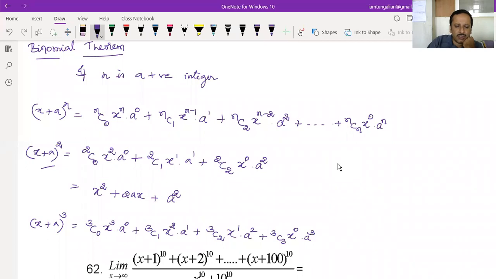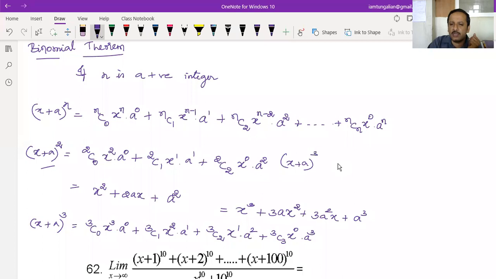Now if you simplify, 3C0 is 1, that is x cube, 3C1 is 3, 3ax square, 3C2 is also 3, 3a square x, plus a cube.